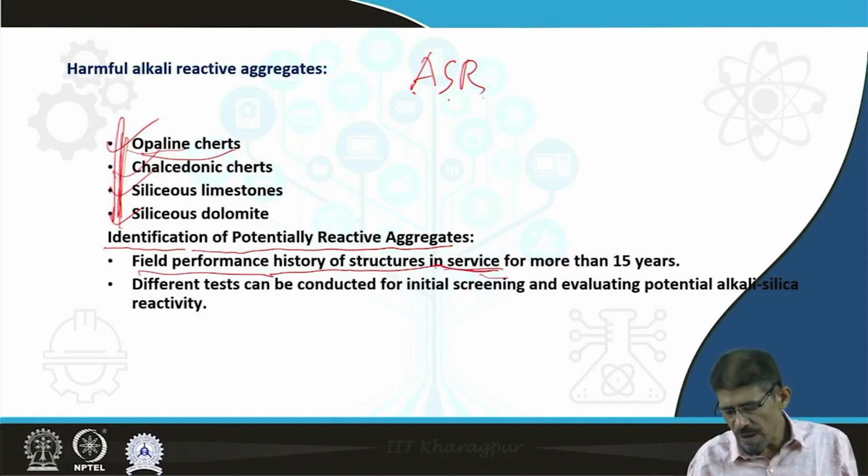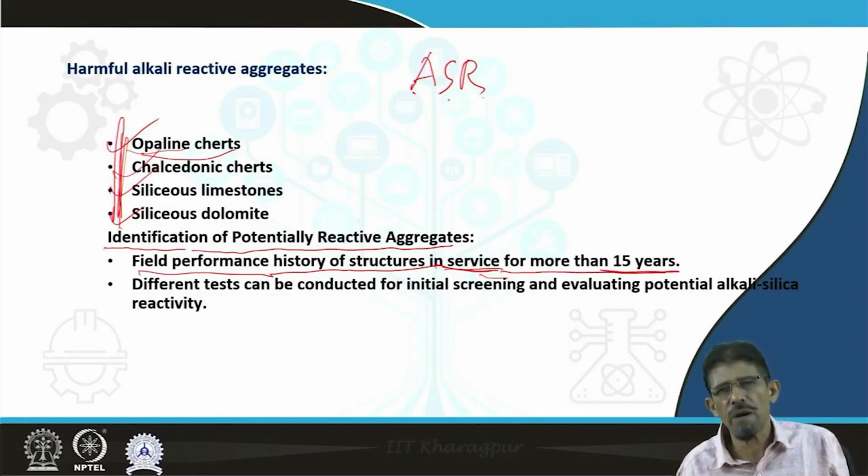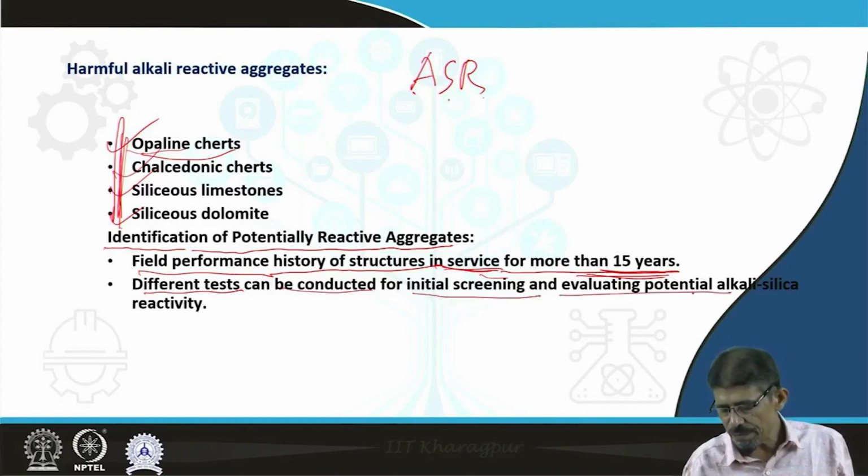In the majority of cases, structures more than 15 years old are susceptible to such features. It may start at 10 years, but we can see it clearly by 15 years. Different tests can be conducted for initially screening and evaluating potentially alkali-reactive or silica-containing aggregate.